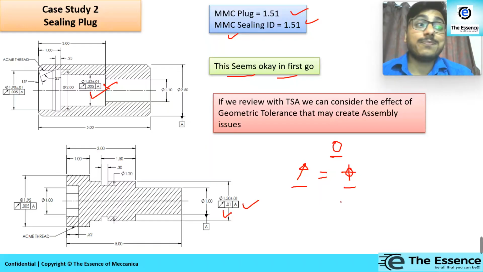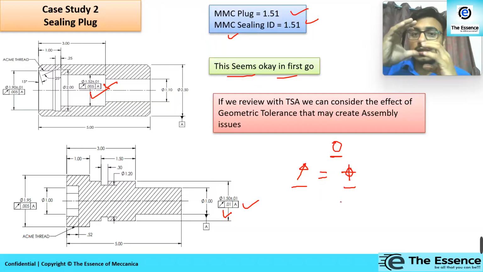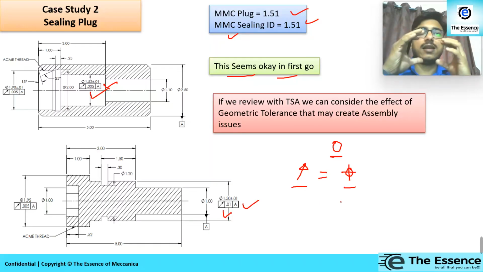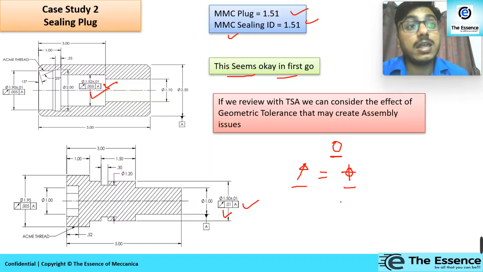So in that case, if both are not aligned with the axis of that thread, or the datum A, that will create a problem in assembly, and that will also need to be included in the tolerance stack up analysis. After that, we can analyze what will be the minimum or maximum extrusion gap. So in such cases as well, we need tolerance stack up analysis. Simple calculation will not work over there.